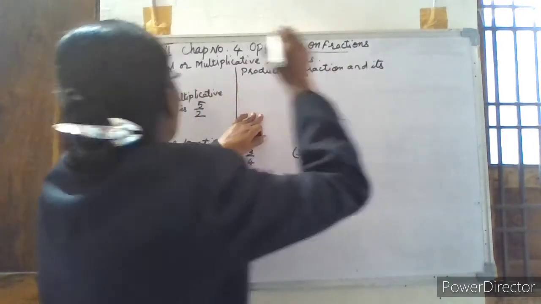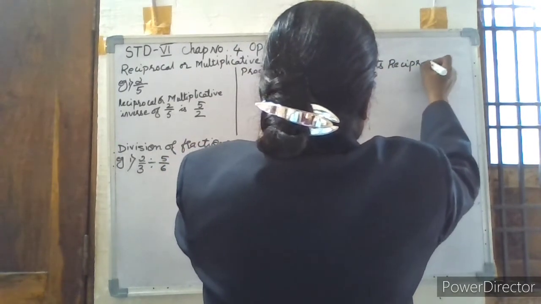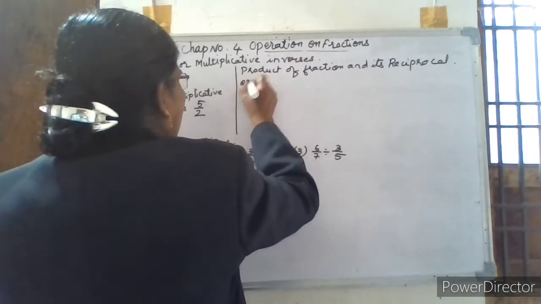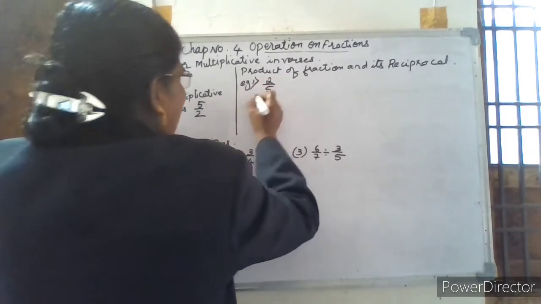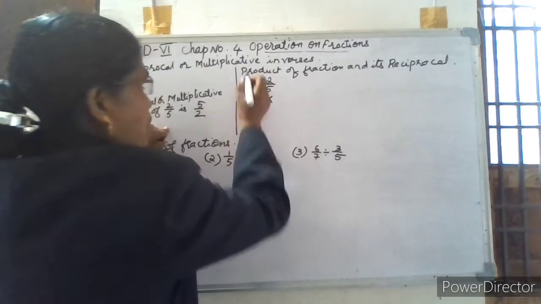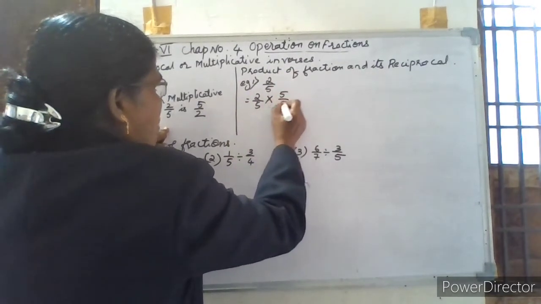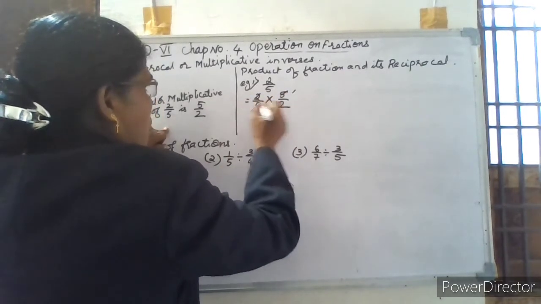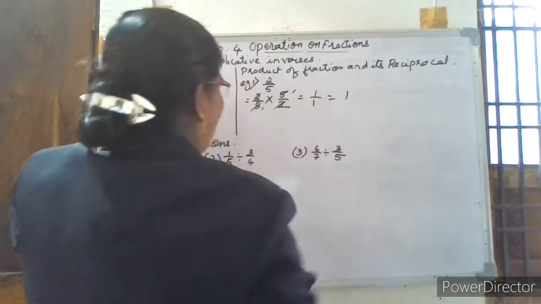Take the same example, 2/5. This is the fraction, multiply its reciprocal, that is 5/2. 5 ones are 5, cancel; 2 ones are 2, cancel. 1/1 remaining, that is equal to 1. So always remember that the product of a fraction and its reciprocal is only 1.